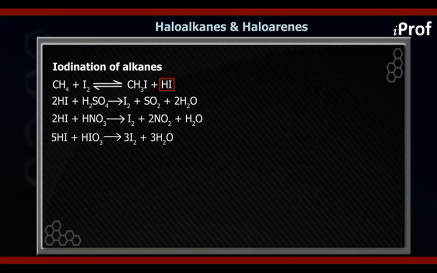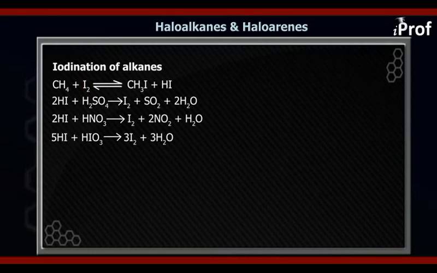Now because HI is a strong reducing agent, what it does in a reaction is reduce the CH3I formed, the iodoalkane, to the alkane itself, and itself get oxidized to I2.